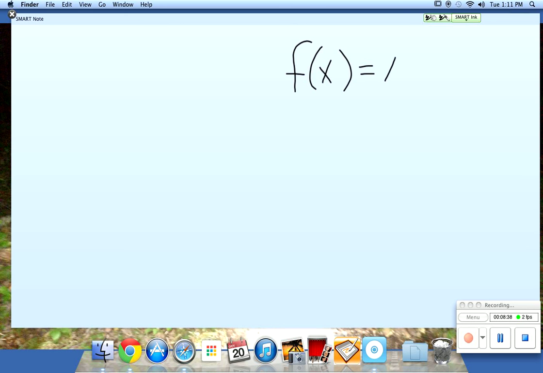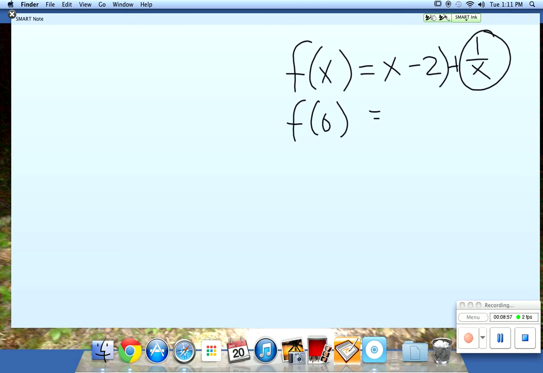All right. We had x minus 2 plus 1 over x. If we put in 0 in here, this becomes an undefined function, doesn't it? So we can't ever get this to 0. So what we have left is our x minus 2. This is the portion we'll never be able to reach.